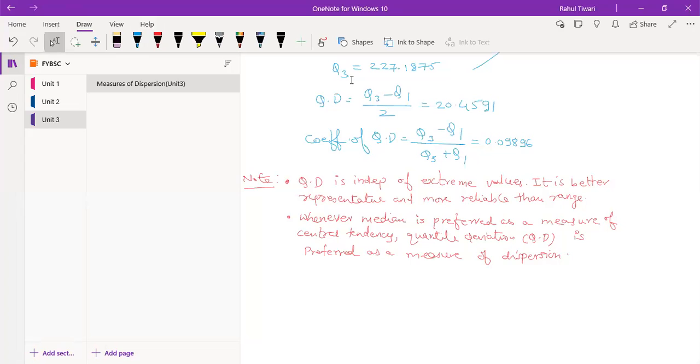You may find whichever coefficient of variation is less, that class is going to be better. We have many examples in the practical, so when we conduct the practical, you may get more examples. No problem.